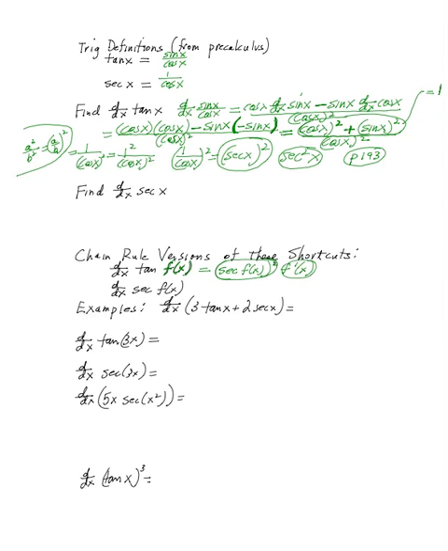Okay, now let's find the derivative with respect to x of secant x. We know that secant x is just 1 divided by cosine x. So again, we use quotient rule, which says the bottom times the derivative of the top minus the top times the derivative of the bottom, all divided by the bottom squared.